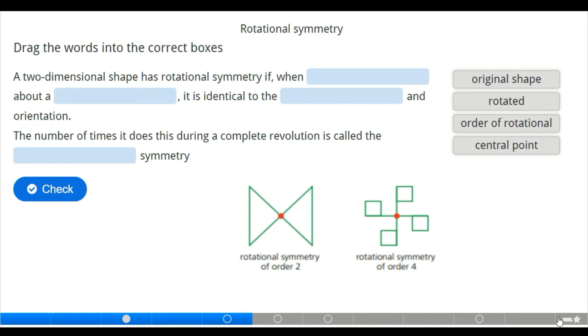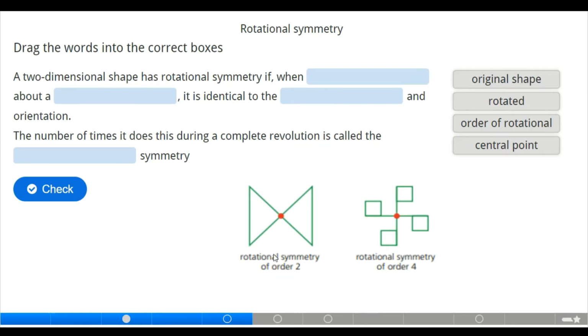So when you're talking about rotational symmetry, you have two-dimensional shapes, and after you have rotated it about a central point from the original position, it is identical to the original shape, then we say that type of symmetry is rotational symmetry in nature.